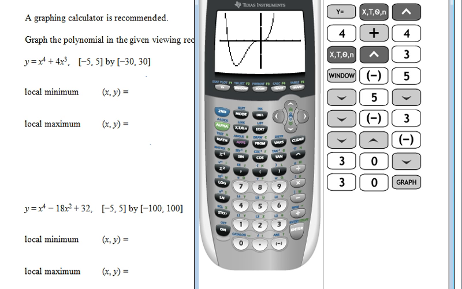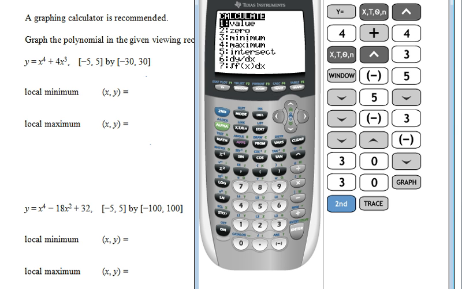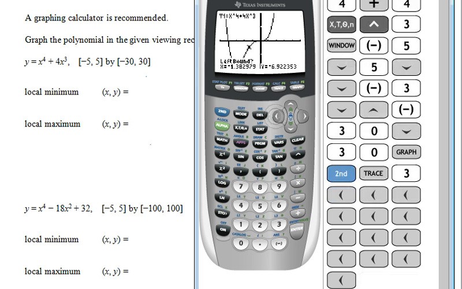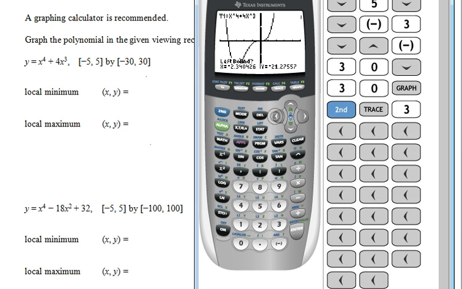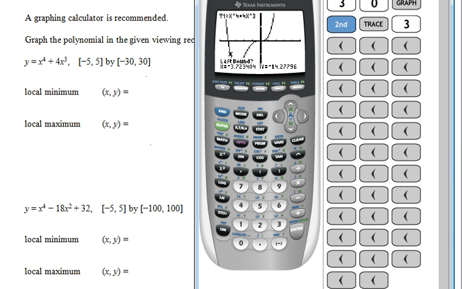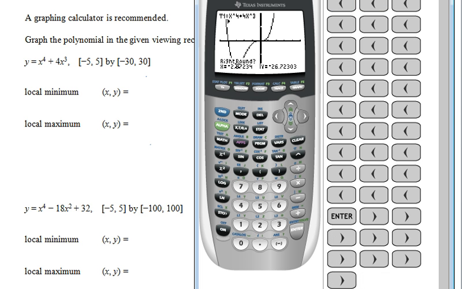And so I'm going to press second trace, choose 3 for minimum, and use the left arrow to move the cursor to the left of the local minimum. Press enter, use the right arrow to move it back to the other side of the local minimum.